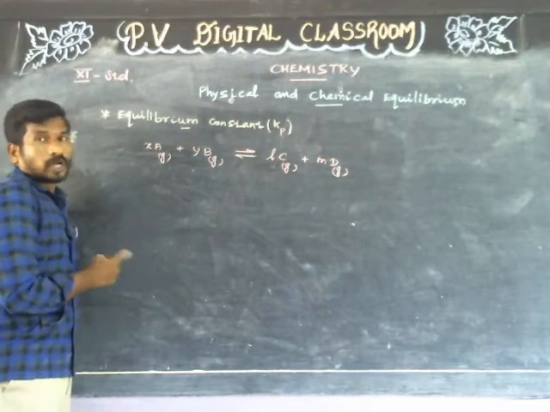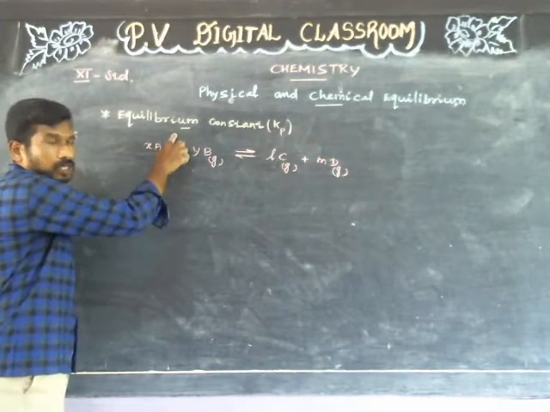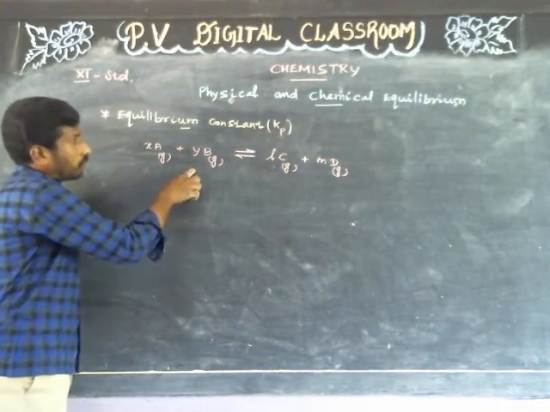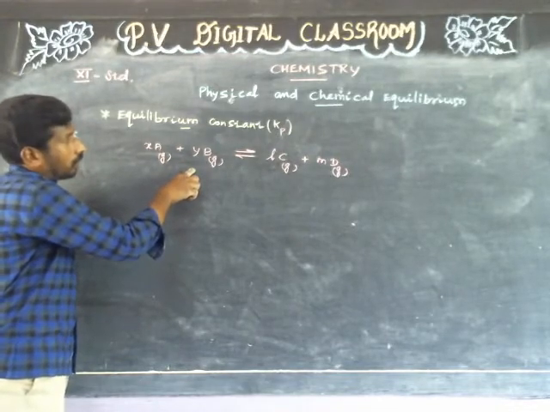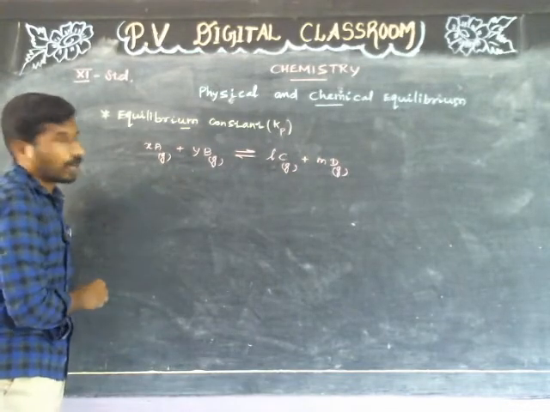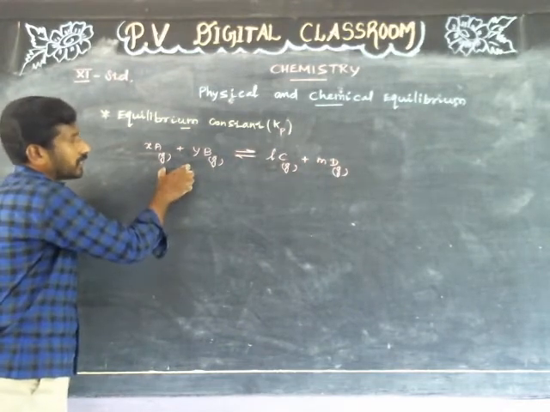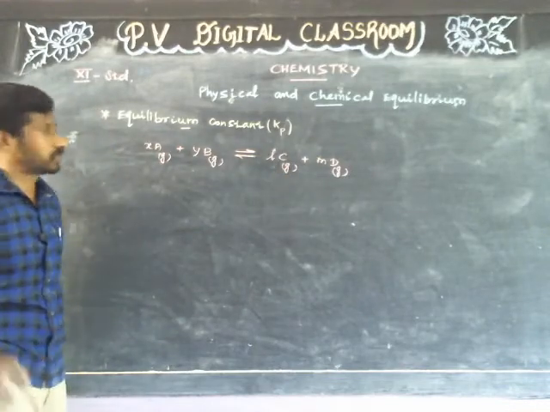It is more convenient to derive the equilibrium constant for this equation in terms of partial pressure, because in this reaction all the reactants and products are present in the gaseous state.